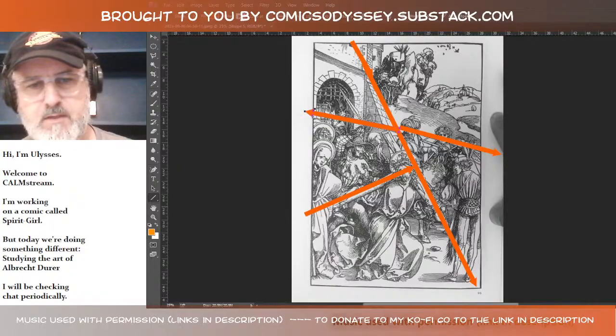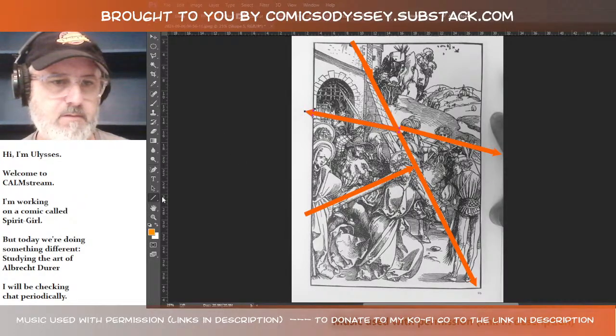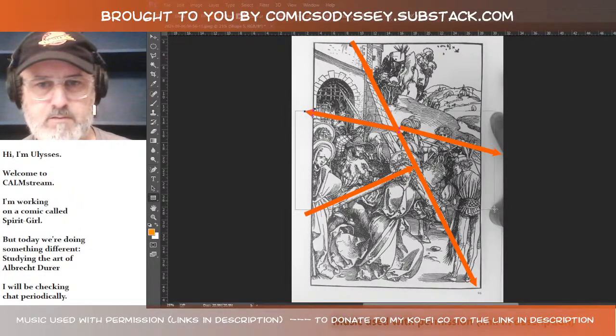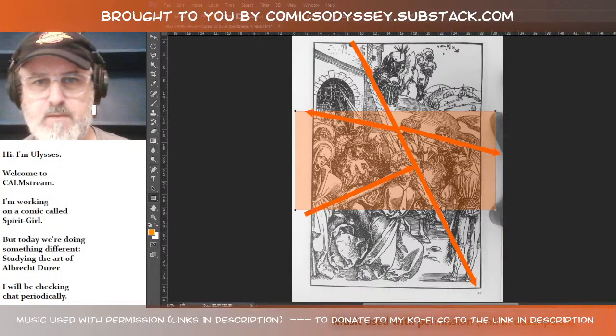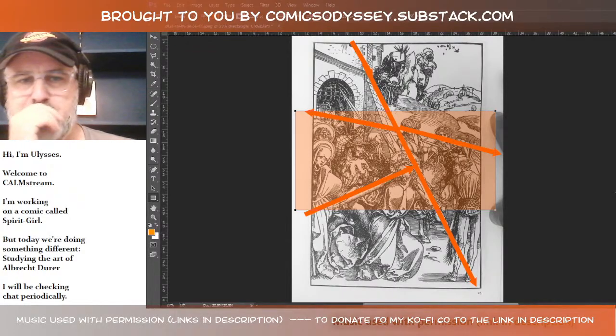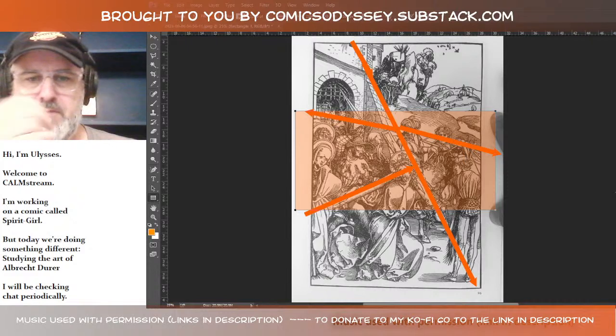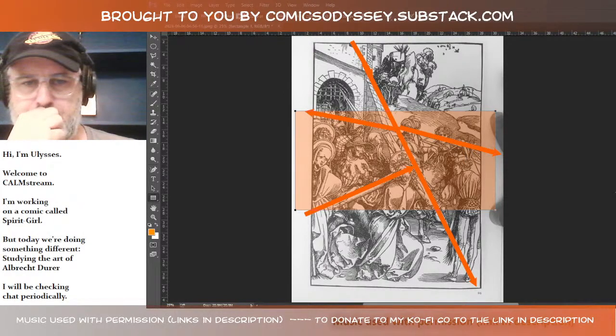And what I'm seeing is that all the points of interest are in this area here. So it's not an entirely obvious composition.